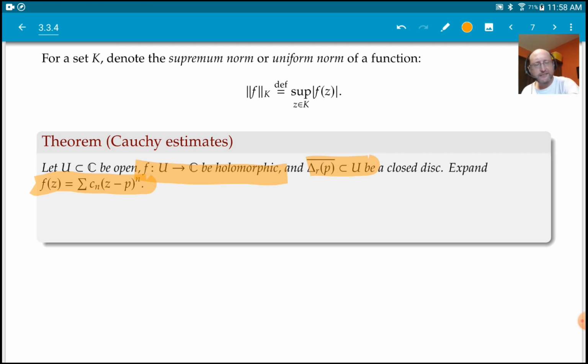So what we're really interested in is getting an estimate on these numbers, c_n, right? So we expand f around p in a power series. We know that that power series is going to converge, actually even in a slightly larger disk than R, but it's definitely going to converge in the R disk. So far, that's what we know, right?